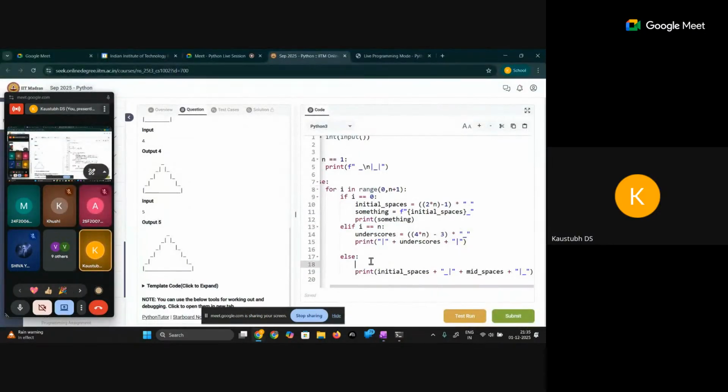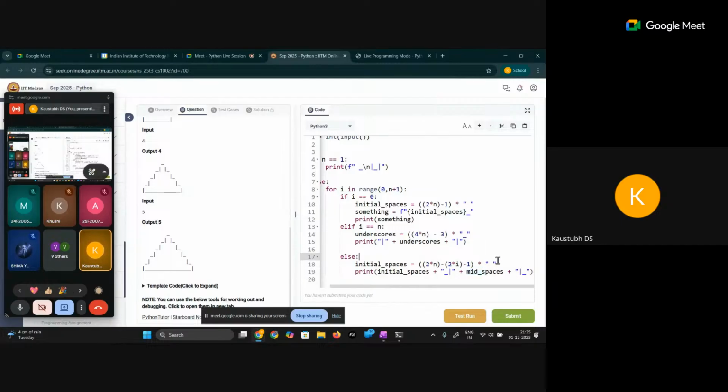So initial spaces equals 2 times n, then 2 times i, and minus 1, times spaces. Got it?